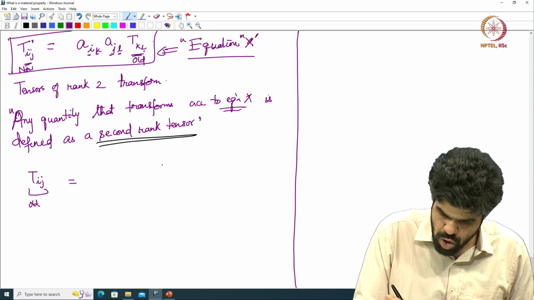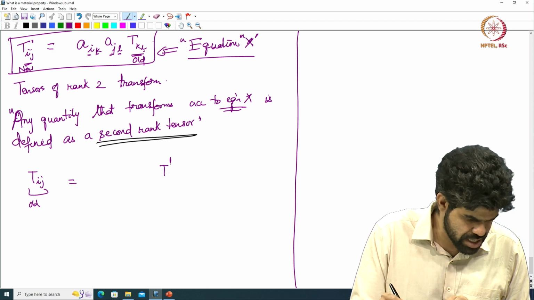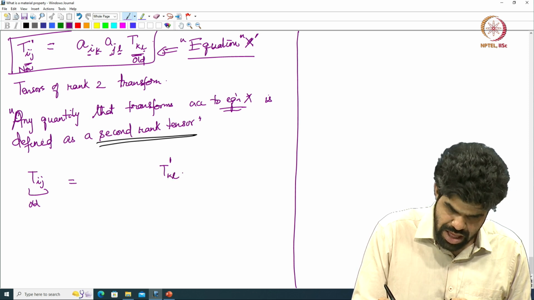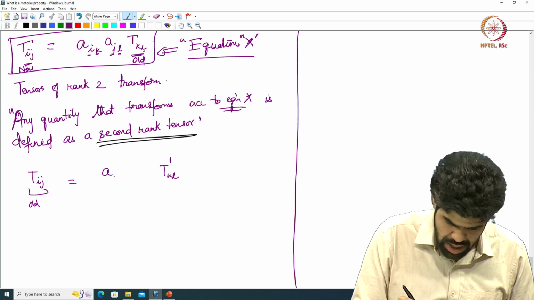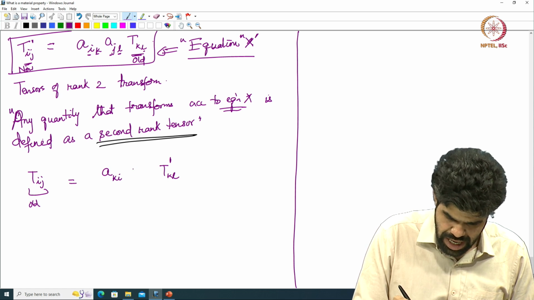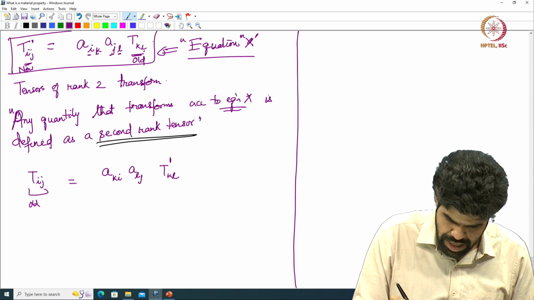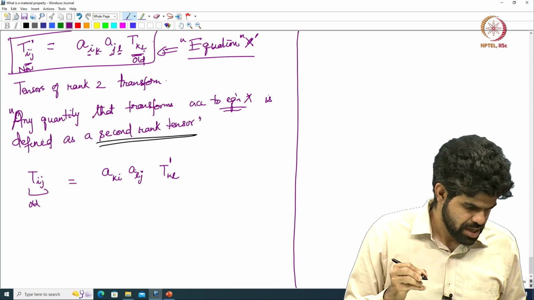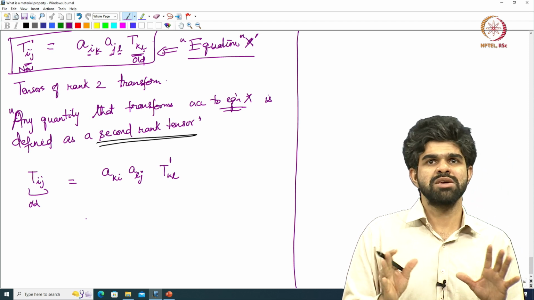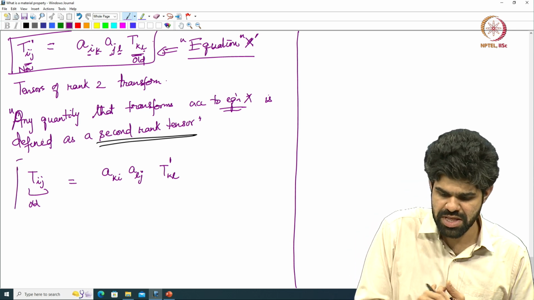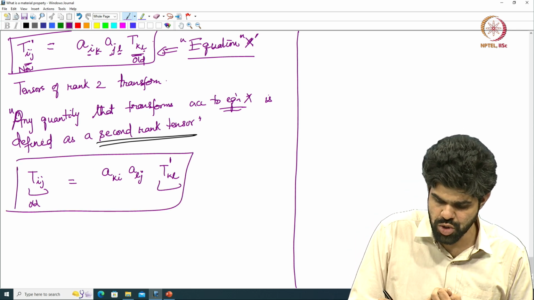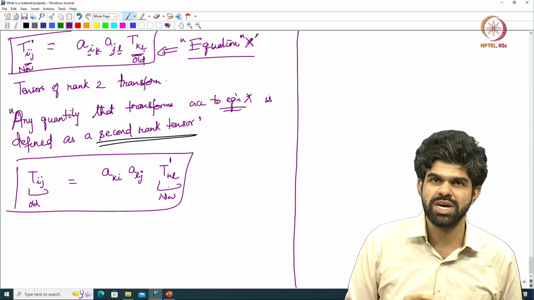If I go back to old coordinates from the newer coordinates, T'kl, it is again the same law: T_ij = A_ki A_lj T'kl. Again it works because A inverse is equal to A transpose. So, this is going from new to old, and this is going from old to new.